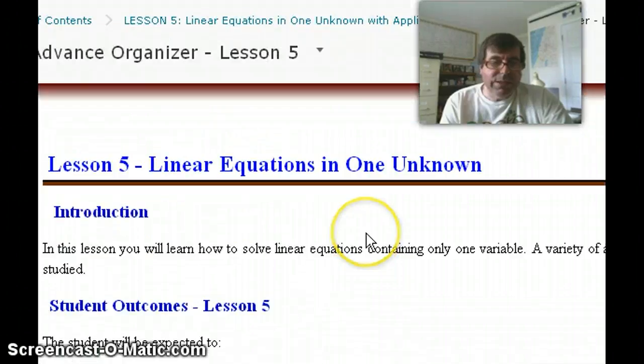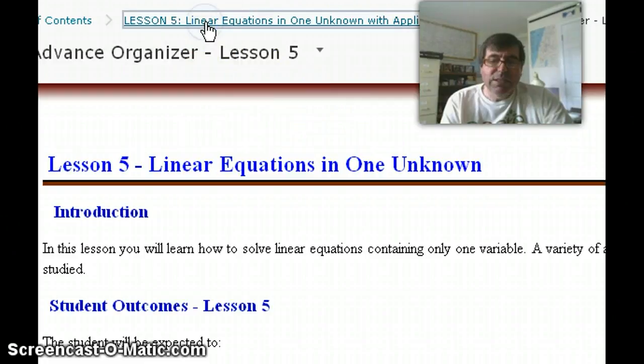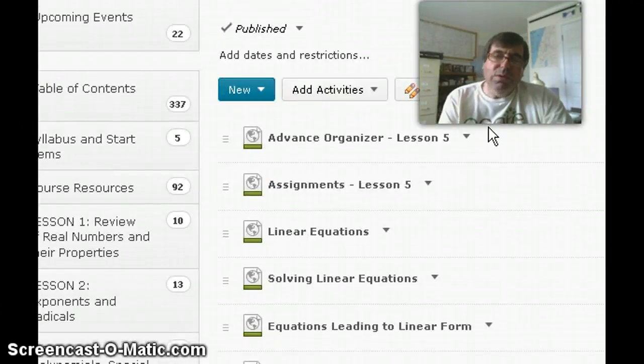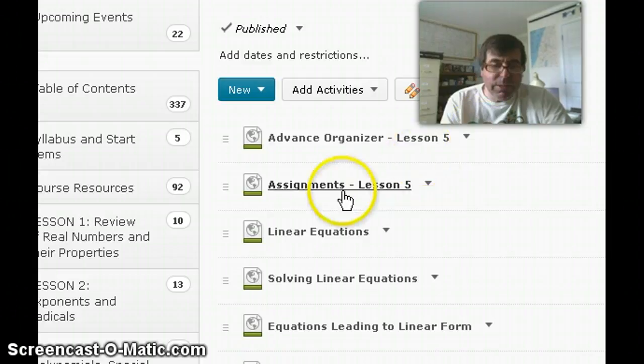Now, notice how I do this. I scroll up, and then I click on this to go to the other items. We have all made mistakes by going other places and doing work and realizing it wasn't related to that particular lesson. So keep that in mind.